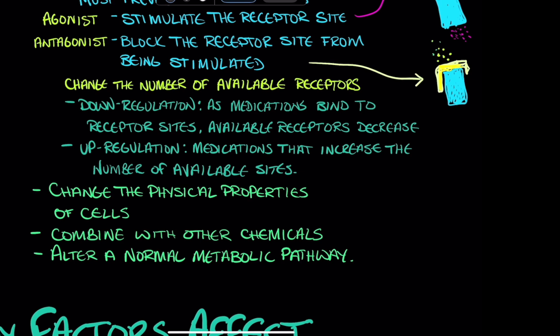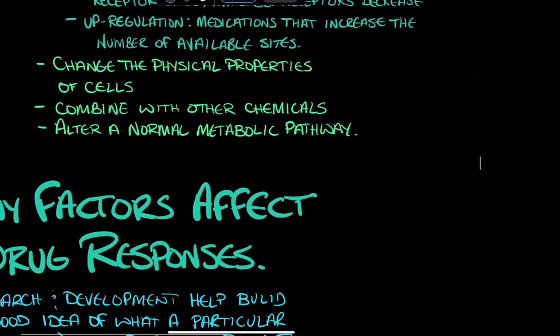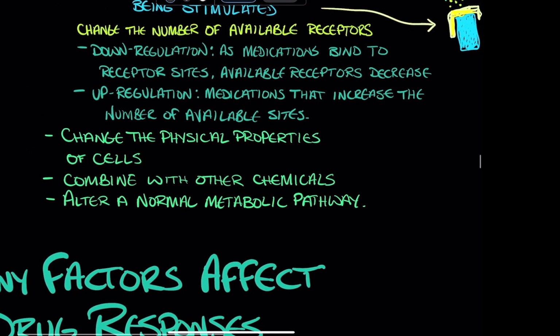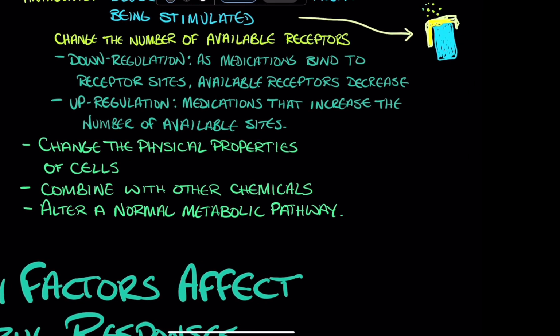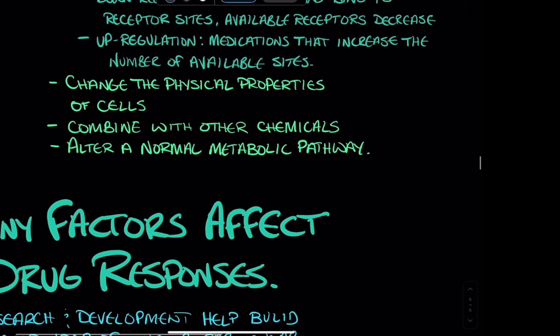Whereas upregulation would be a medication that either makes more receptor sites available, or makes them more easily bound to. So the easiest way to think of that is downregulation is fewer receptors, upregulation is more available receptors.